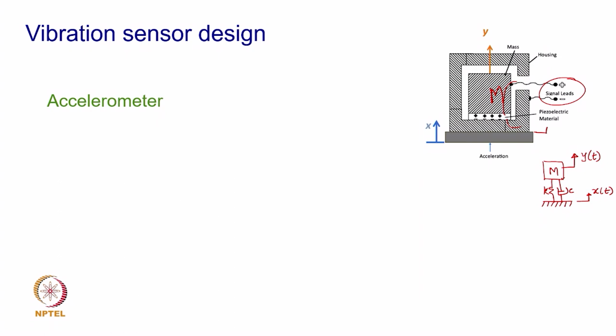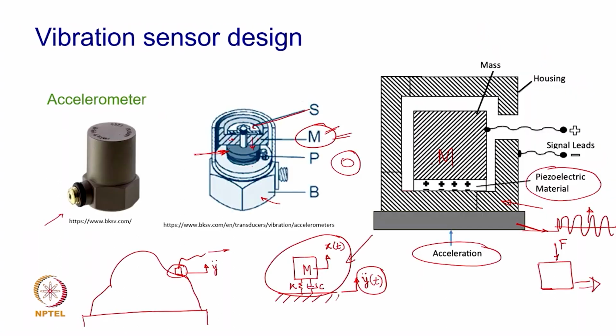This dynamic strain is given by y(t) minus x(t), and the output that you get from these leads is proportional to the amount of strain developed in the piezo disc. If I go back to this, you may notice that there is an output here. The wire actually takes that charge out from here. You can see that.